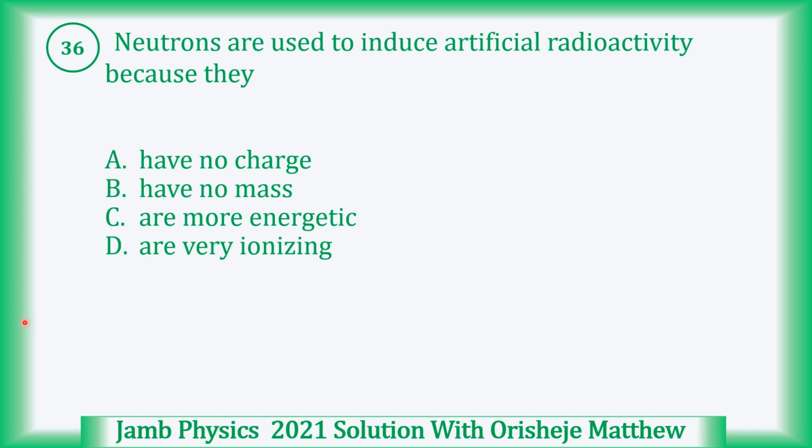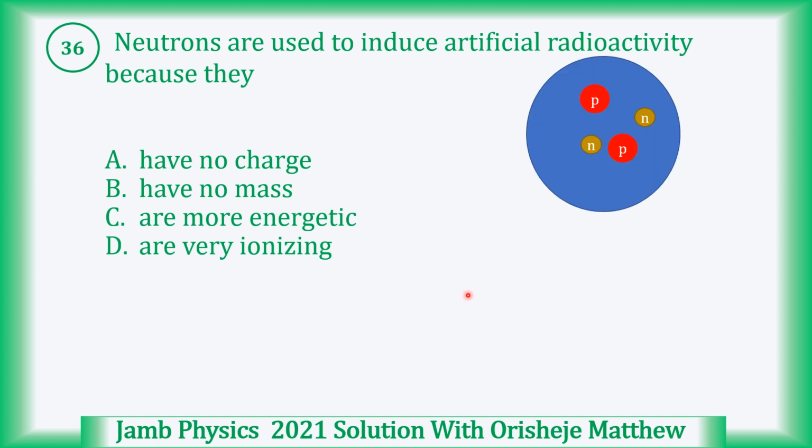Question 36. Neutrons are used to induce artificial radioactivity because, so let's look at what happens. If you have a nuclide that you want to bombard artificially, you have a neutron, and you know that inside the nuclide you have protons and neutrons.